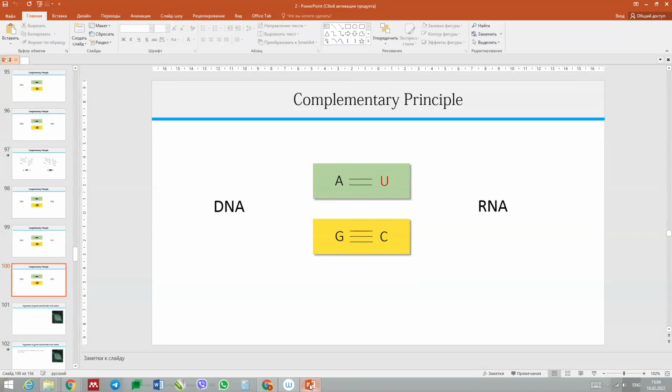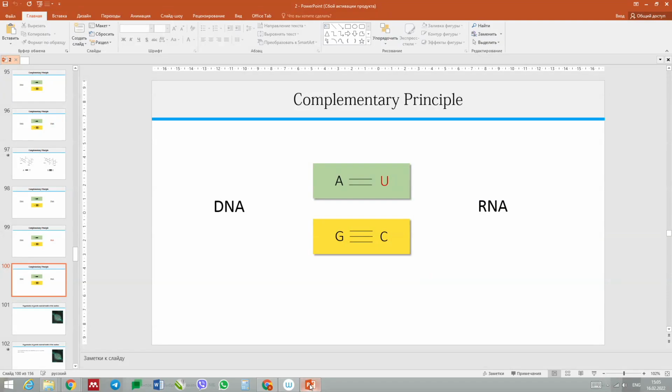If we can say that the genetic code is a special language that is used by nature in order to encode genetic information, this concept that adenine matches with thymine and guanine matches with cytosine is kind of the essential grammar of the language that is represented by the genetic code.